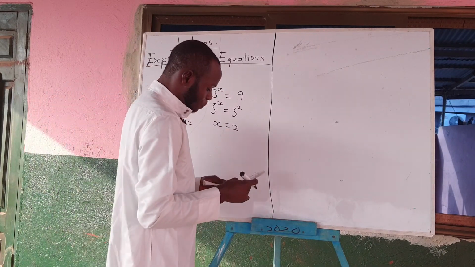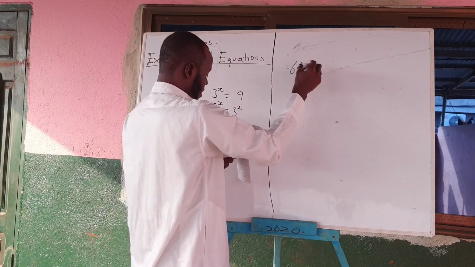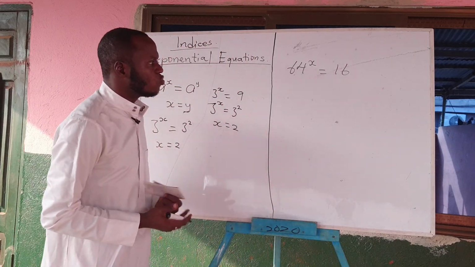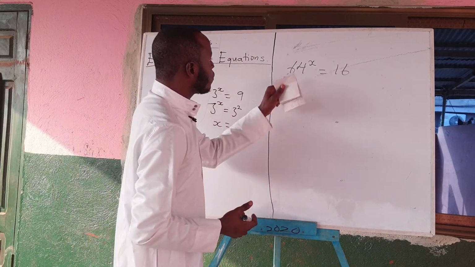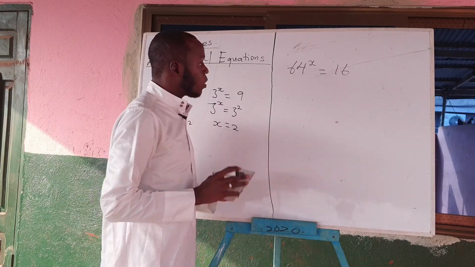Now let's look at another example. If you have 64 to the power x equal to 16, how do we do this? We have 64 to the power x and then 16, which is 16 to the power 1.